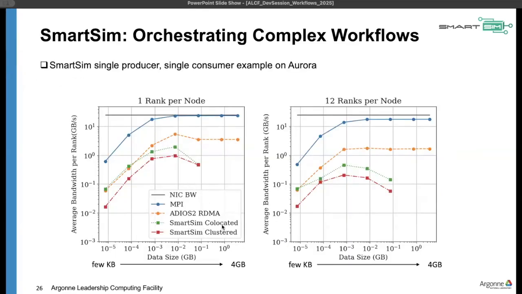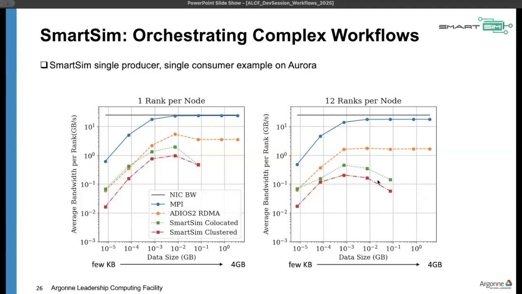So you can see with SmartSim, both co-located and clustered solutions, we're not getting quite as much performance as we did with streaming through RDMA with Adios 2. Especially as we go to more ranks per node, we can see that the performance drops with SmartSim.